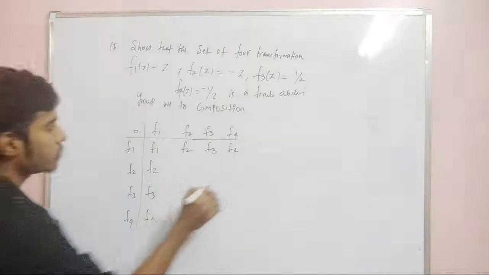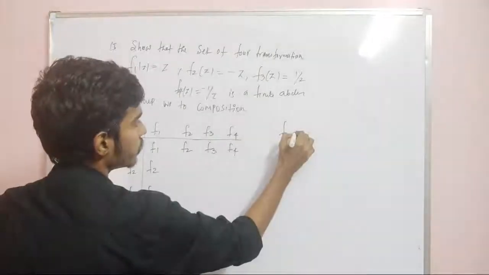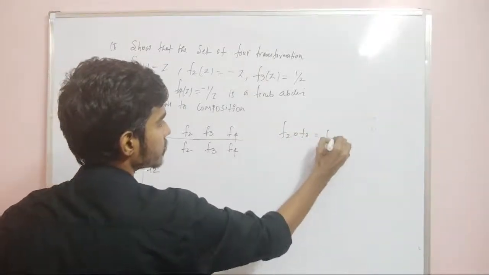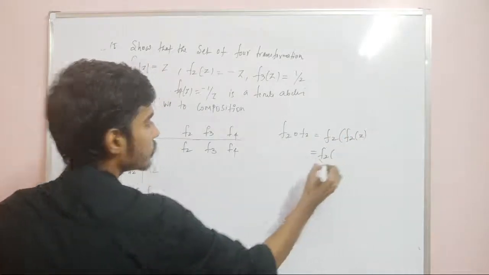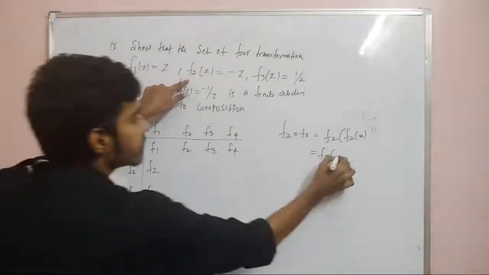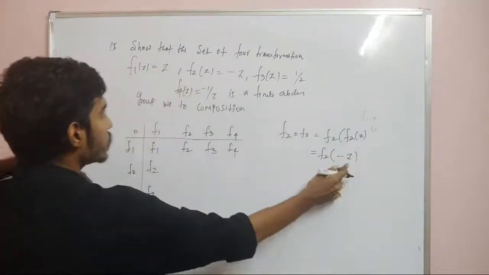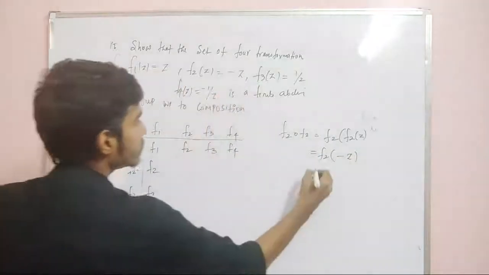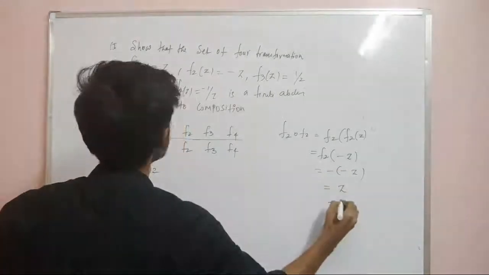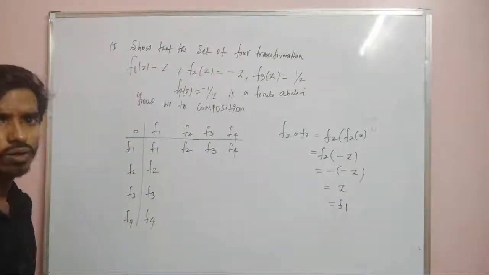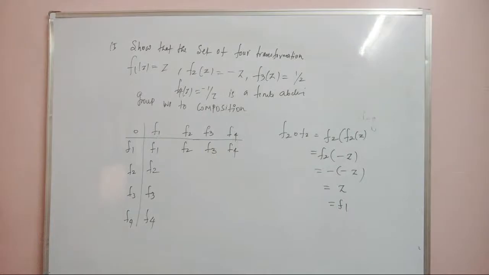So what will be my f2 composite f2? So it is f2 of f2 of z. f2 of z is minus z. So in f2 of z you have to replace z by minus z. So it will be minus of minus z, which is z, so which is f1. I'm assuming that you know how to compose two functions, right?